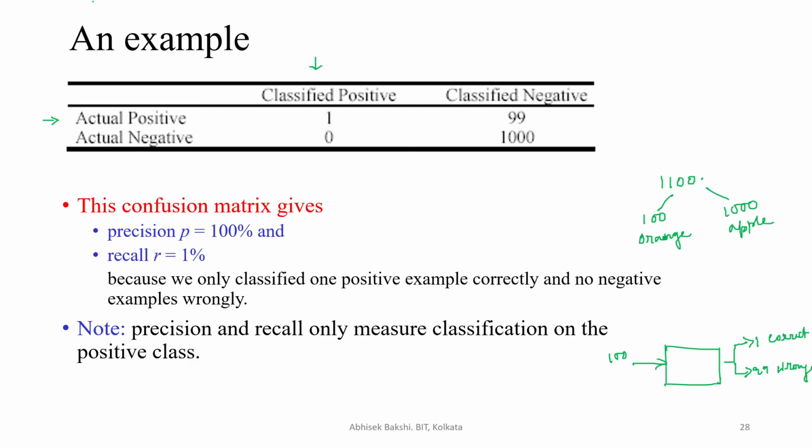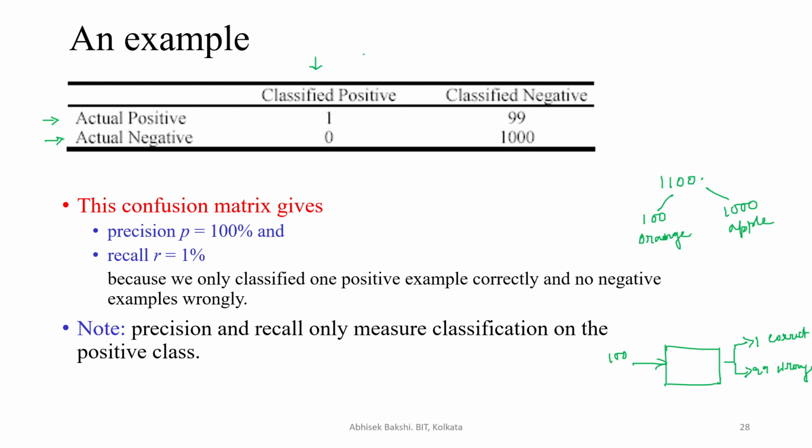Similarly, actual negative means here the apple. Suppose actual negative is an apple, and classified positive is 0. It means actual negative and classified positive is 0.